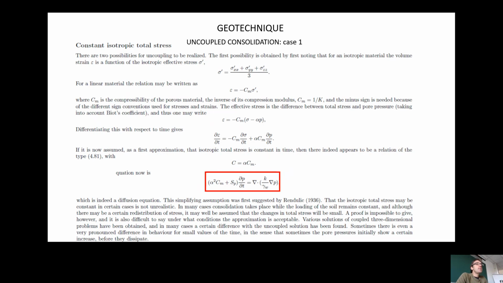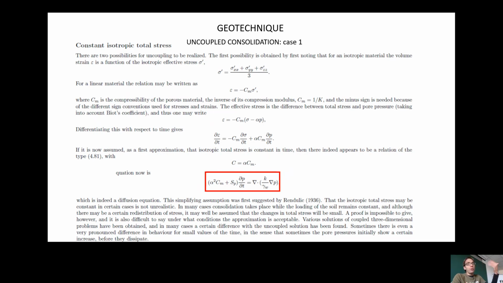We can write that the effective stress is the difference between the total stress and the pore pressure, if we, of course, consider the Biot coefficient. And thus, one may write epsilon equal to minus Cm that multiplies sigma minus alpha p.